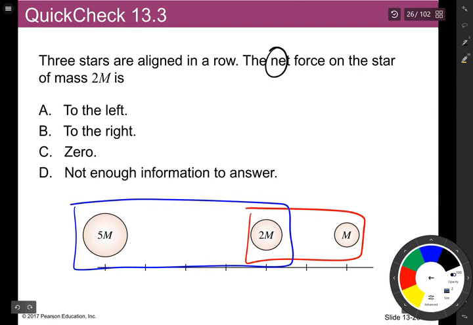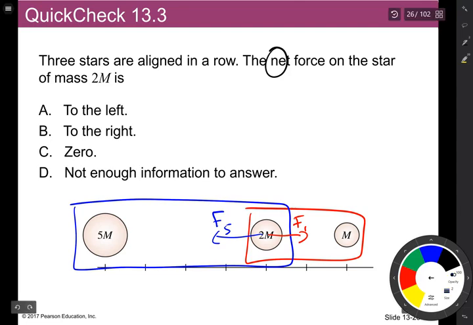Just like anything else, there are as many forces as there are interactions. So we've got this one, which I'm going to call F1, because it's with the star of mass just 1m. And we also have this one, which I'm going to call F5 because it's with the star of mass 5m.